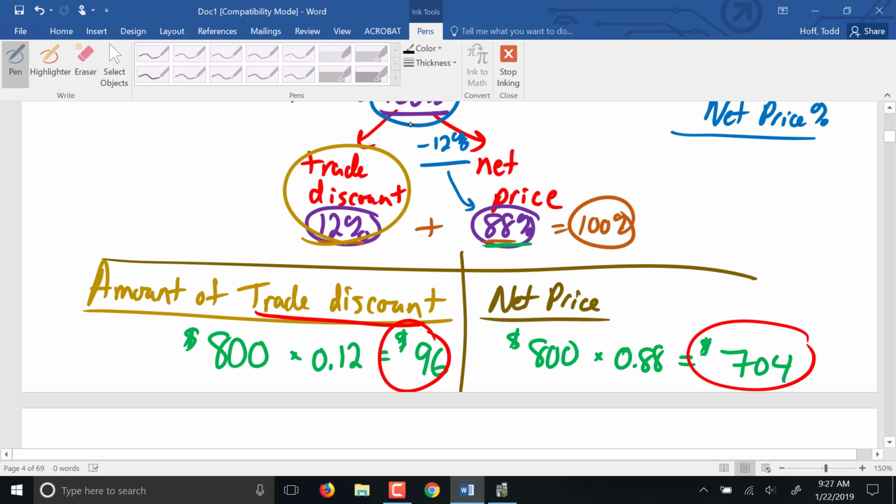Now it doesn't stay that simple. The calculation can go both directions.